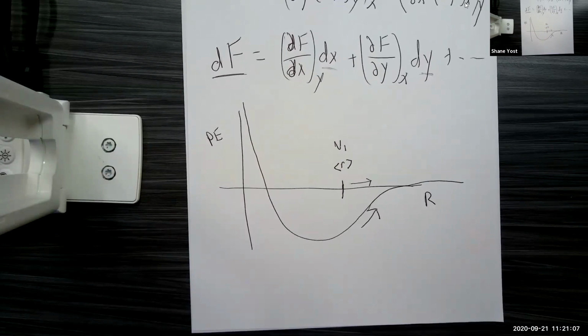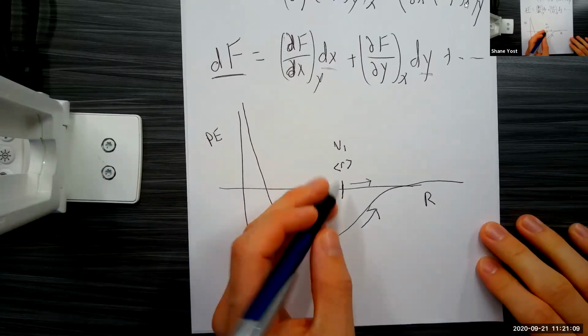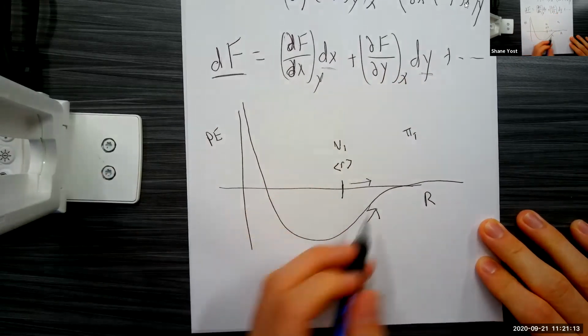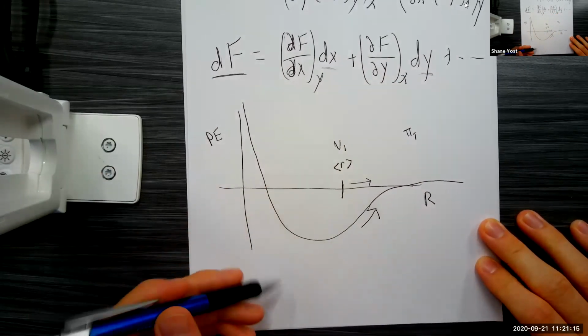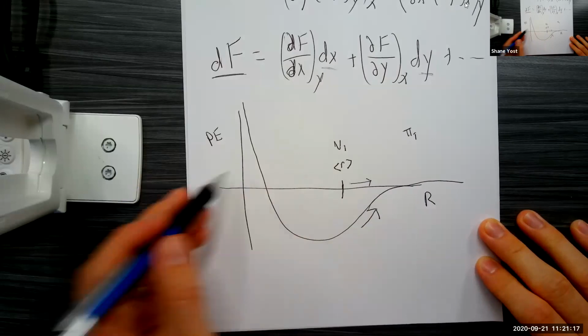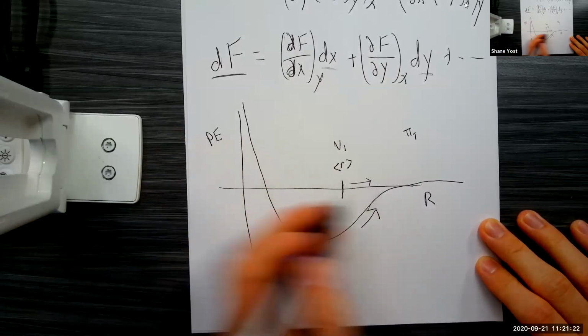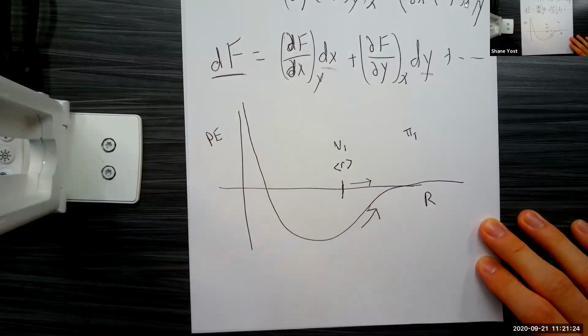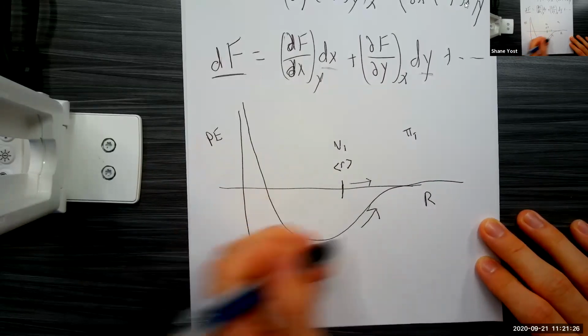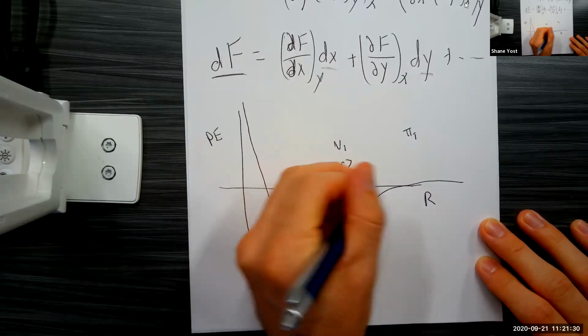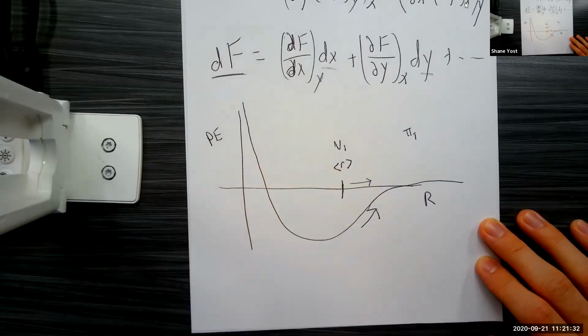And that's what this pi sub T, this internal pressure, is measuring: how a change in volume affects your change in potential energy and change in internal energy, and it's related to the fact that there are intermolecular forces for your gas. If I'm in some attractive region for these intermolecular forces, an increase in volume will increase my internal energy.